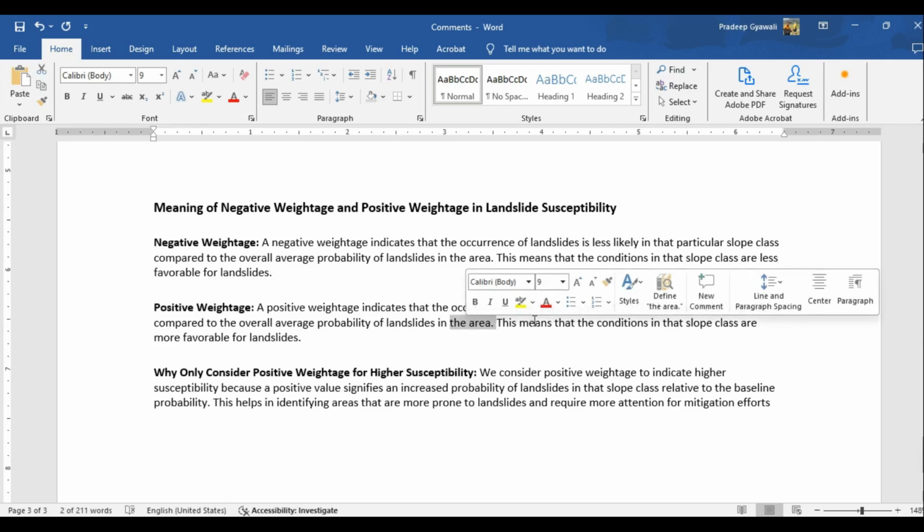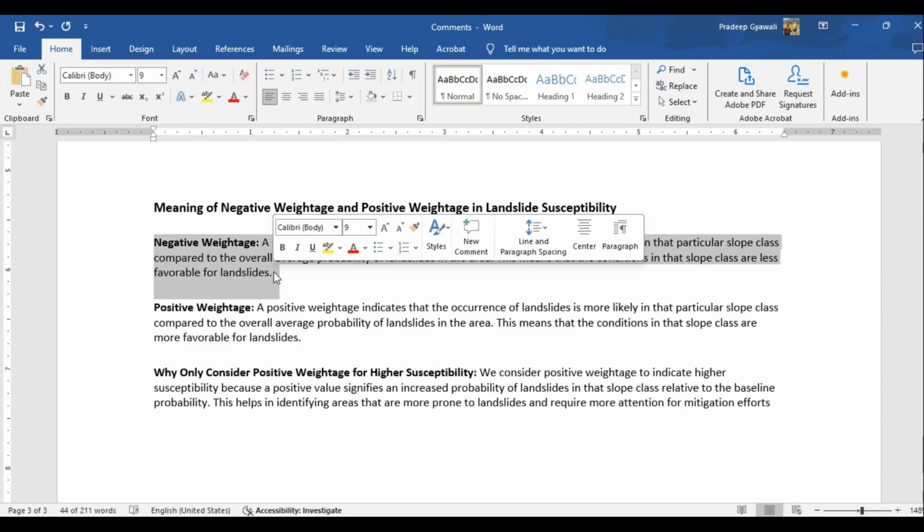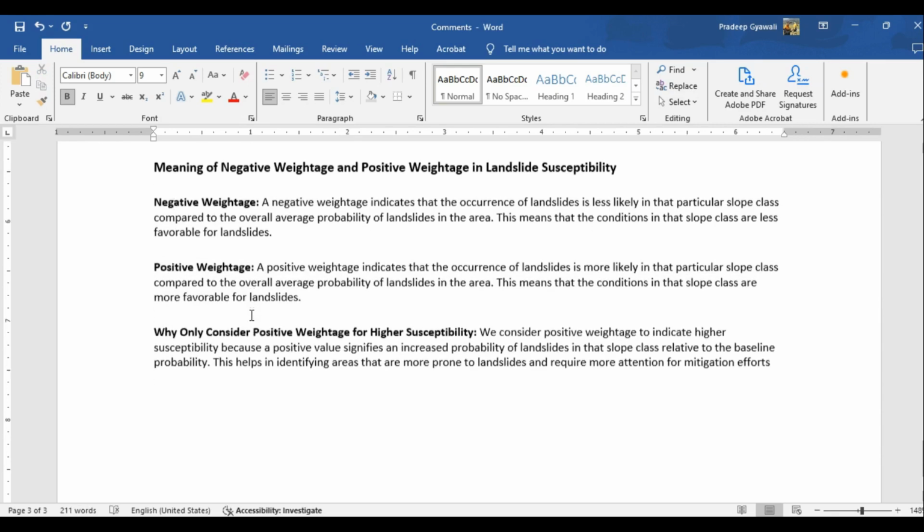This means that the conditions in the slope class are more favorable for landslide. Here, this means that the conditions of the slope class are less favorable for landslide. That means if the negative weightage is stronger than the positive weightage, then there is a less favorable chance for landslide. If the positive weightage is greater than the negative weightage, then it is more favorable for landslide.